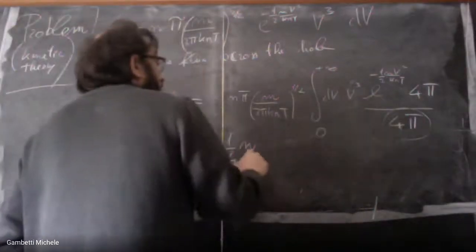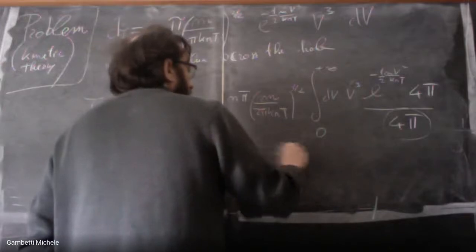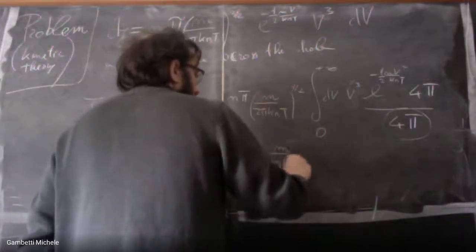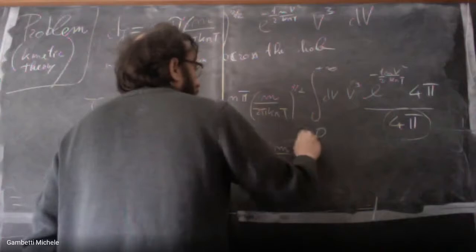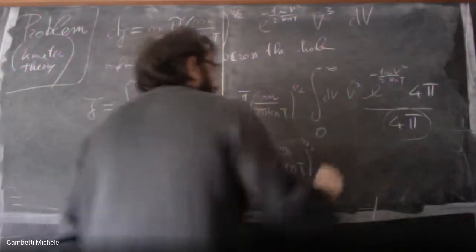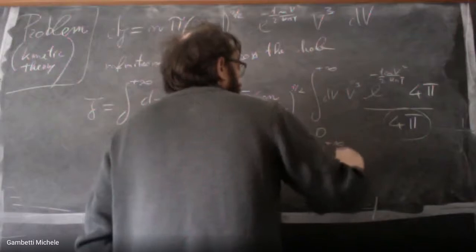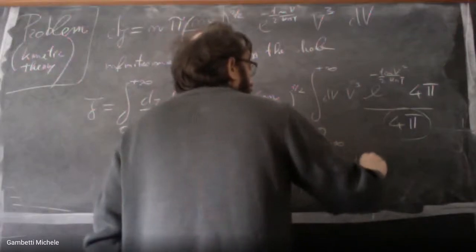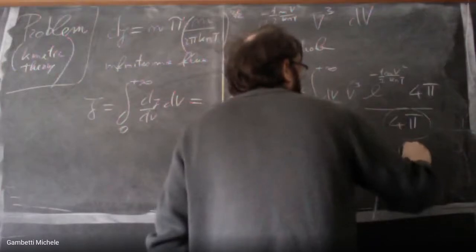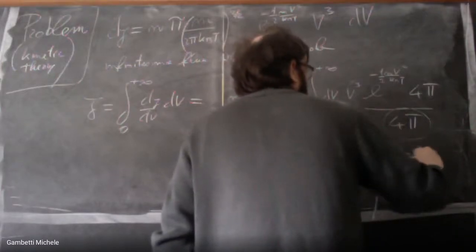Let me write it explicitly. It's m divided by 2 pi kT to the power of 3 half times the integral from 0 to infinity of dv 4 pi v cubed exponential.